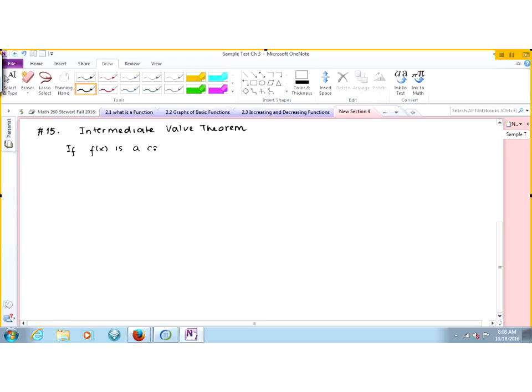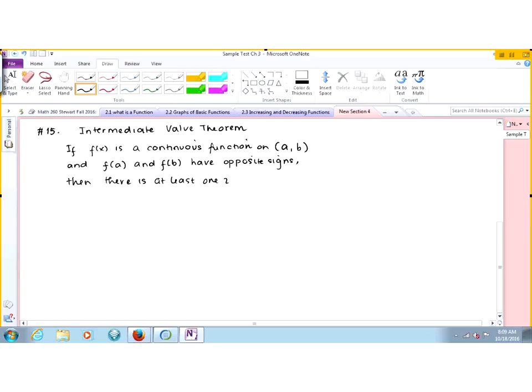If f of x is a continuous function on the interval (a, b), and f of a and f of b have opposite signs, then there is at least 1 zero in (a, b).